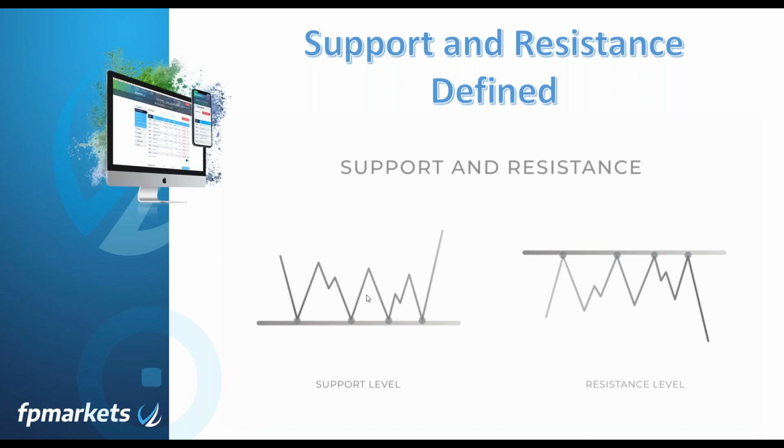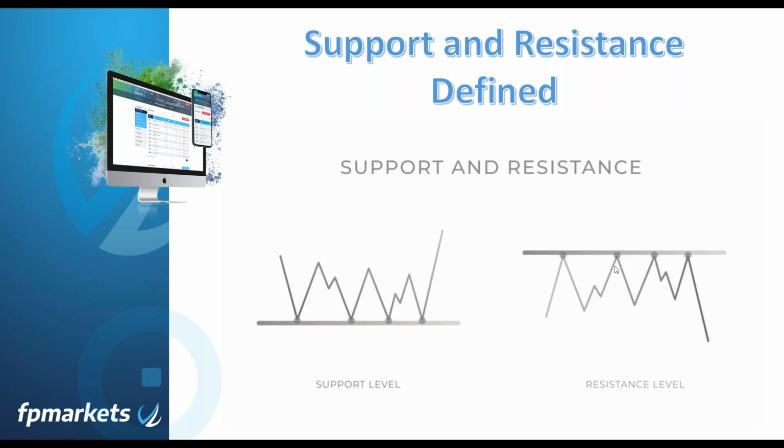Minor supports generally have little history. Resistance is simply the mirror opposite of support. It is a level that has demonstrated interest from the sell side of the market. Again, 2 or more tests would be required for me to consider it to be a valid resistance.